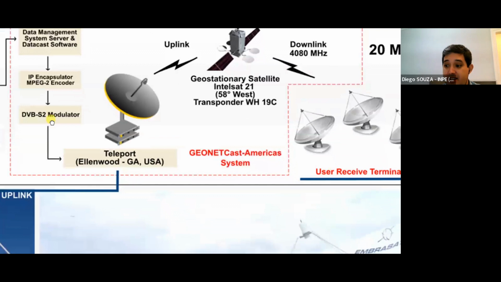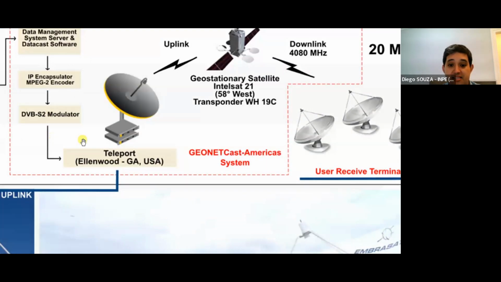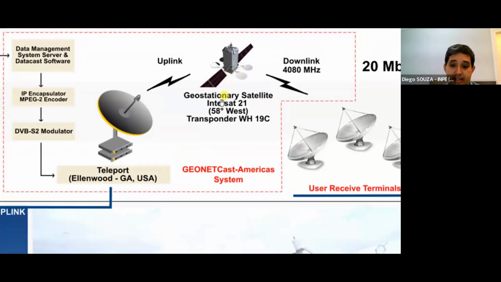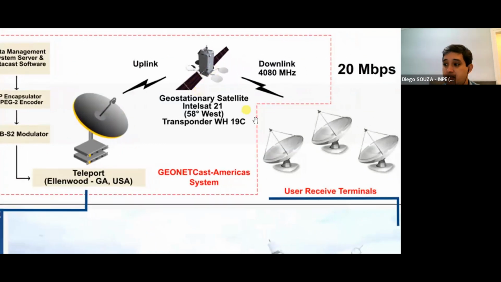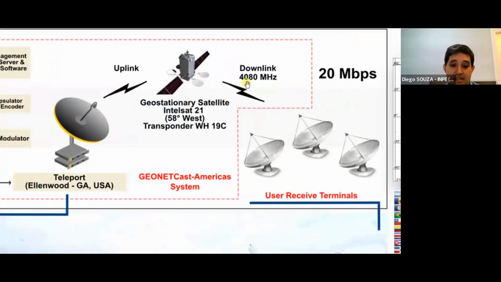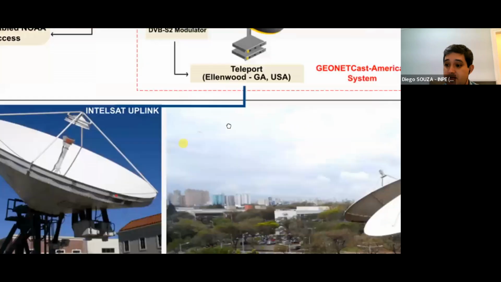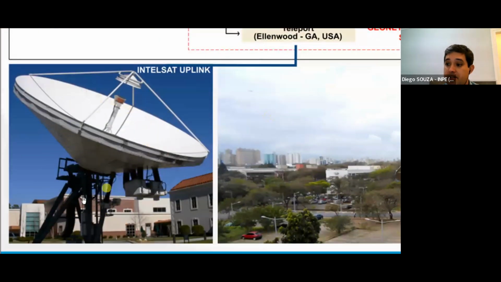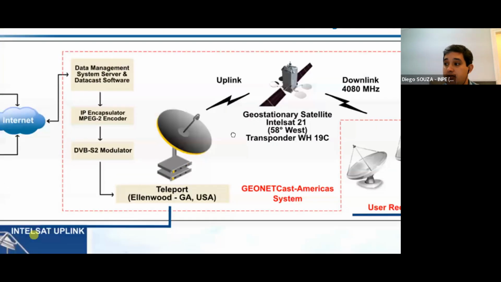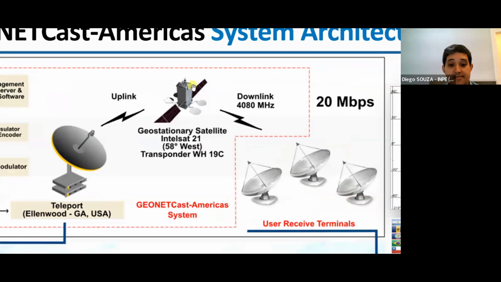After that, the data is uplinked to the Intelsat 21 satellite at 58 West and rebroadcast to the community in C-band at 4080 megahertz, with a data rate of currently 20 megabits per second. And this is a photo of the uplink, the antenna that uploads the information from the data providers to the satellite, okay?